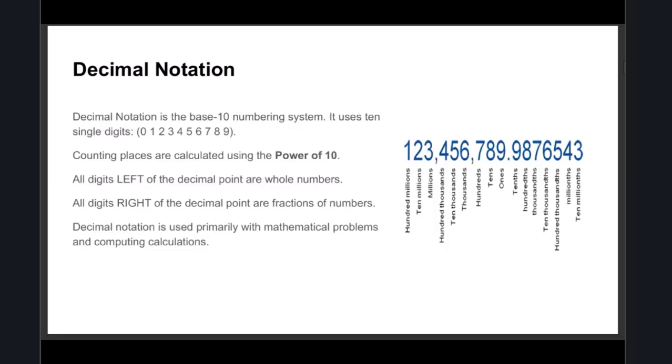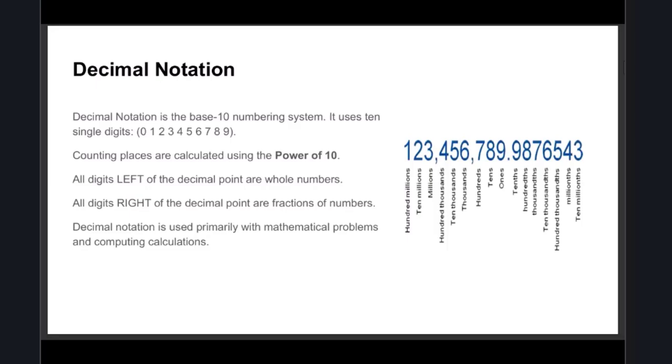With decimal notation, we move from one counting place to the next using the power of 10. So if you're looking at the example in our course notes, when you go from the decimal point going left, every time you go to a different location in the numbering system, you are increasing by power of 10. Your first column will be ones, tens, hundreds, thousands, and so on.